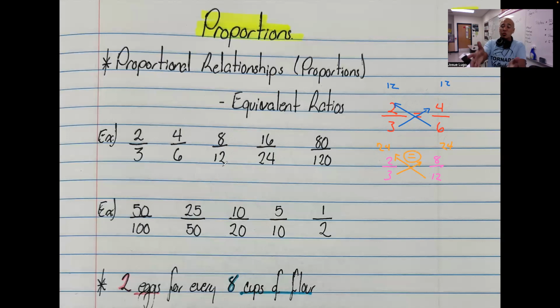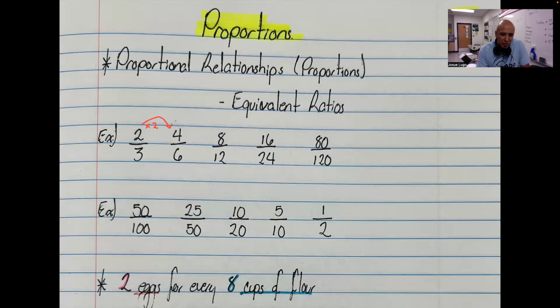Now you can take any two of these fractions and you're going to see that they are indeed equivalent. All right. So, ladies and gentlemen, not only that, but just as I did earlier, notice that if I take 2 and multiply 2 times 2, that will give me 4.